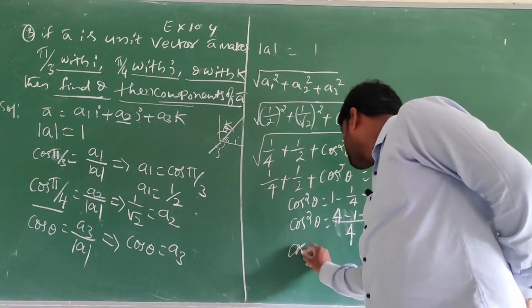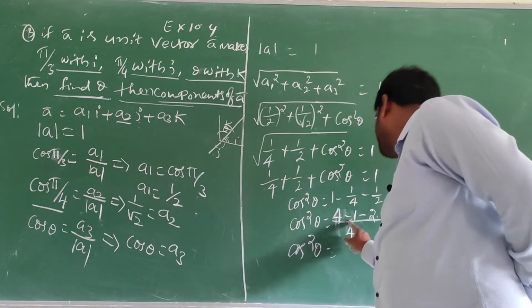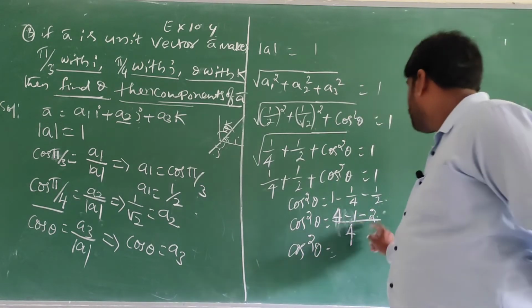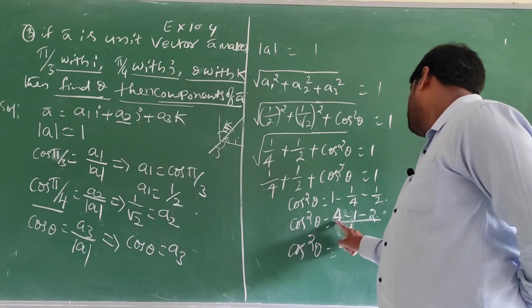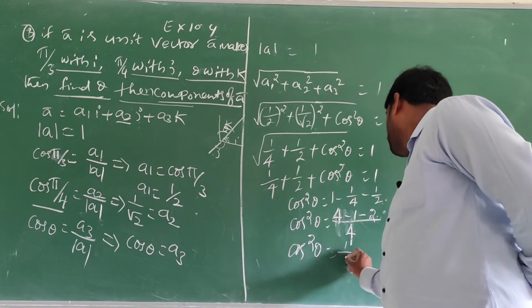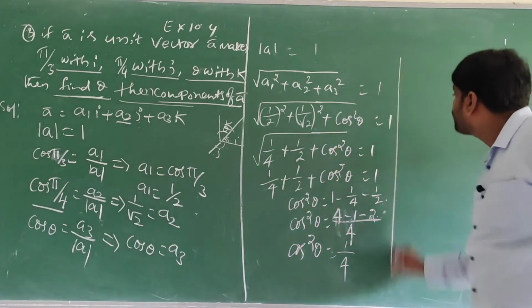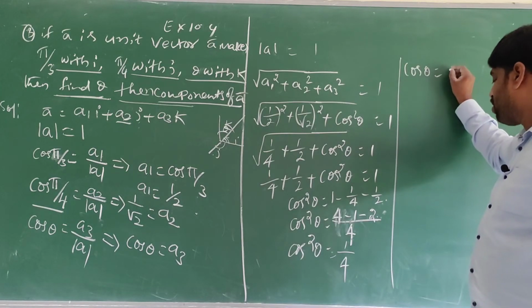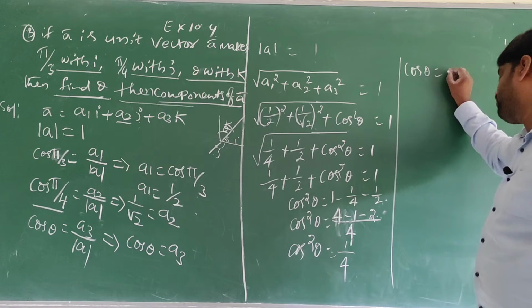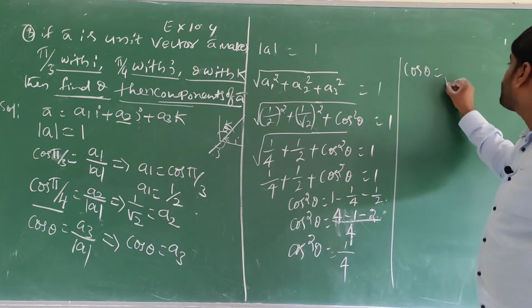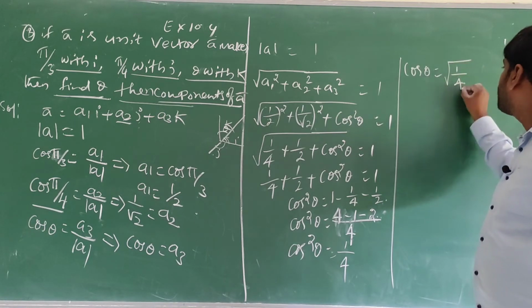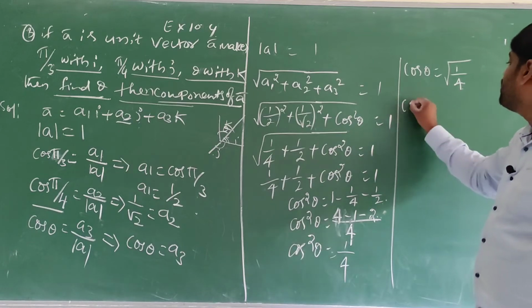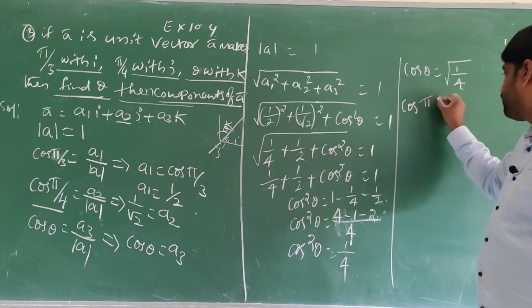That is cos square theta equal to 4 minus 1 minus 2, that is 4 minus 3 is 1 by 4. Therefore, cos theta equal to square root of 1 by 4.